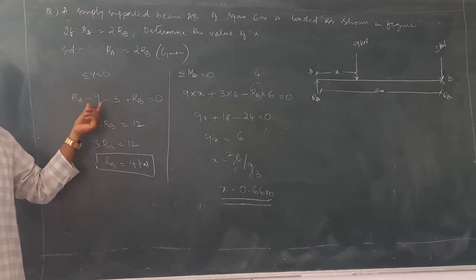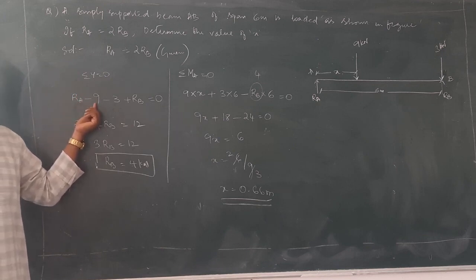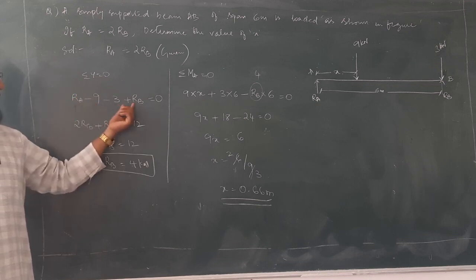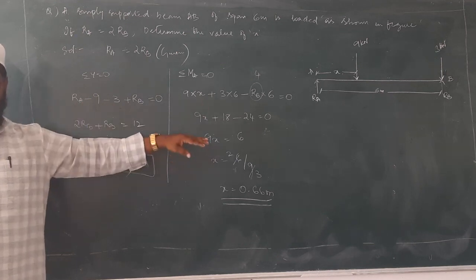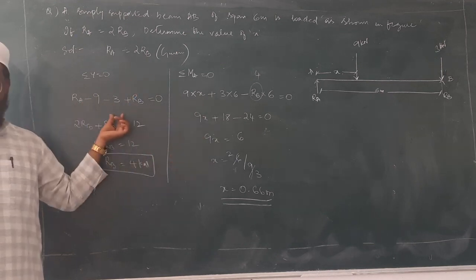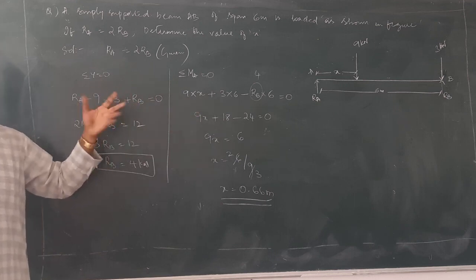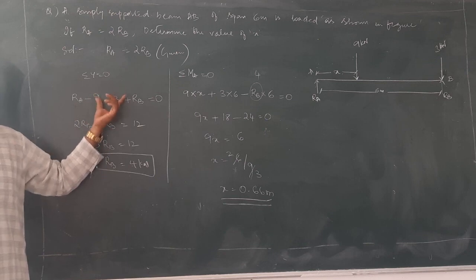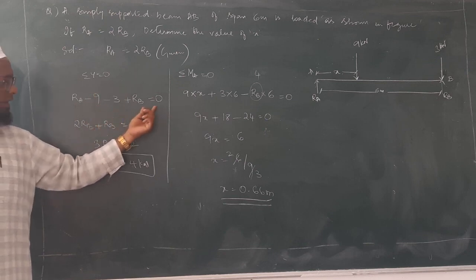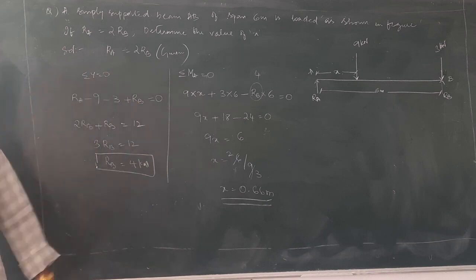Since 9 is going in the downward direction, they try to place it on the other side of the equation, and then they make so much confusion. So better: upward forces positive, downward forces negative, and lastly equate it to 0. Okay, it's very simple. Copy down.